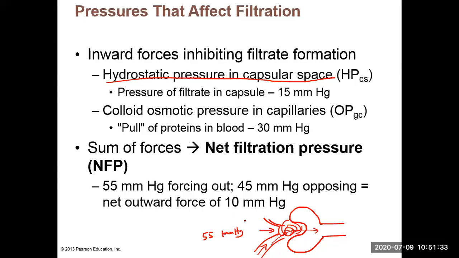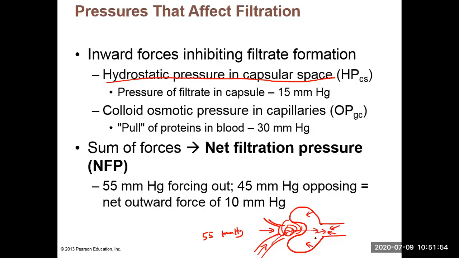Now, this, however, is not an open area. There are resistant factors as they come across these walls. Notice that the Bowman capsule gets really tight right over here.